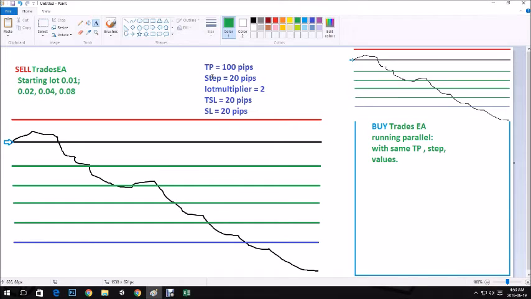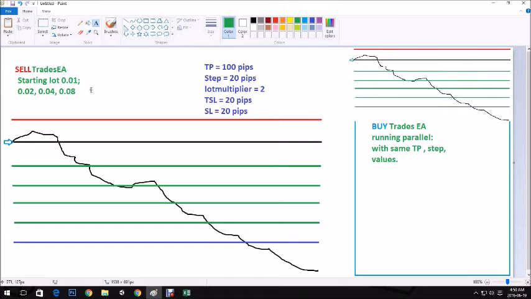Because we are using a 100 pips target, each of our trades will have this much target, this much trailing stop, this much stop loss, and based on its position in the sequence, it will have these lot sizes.